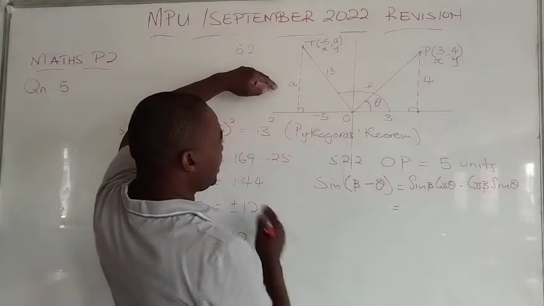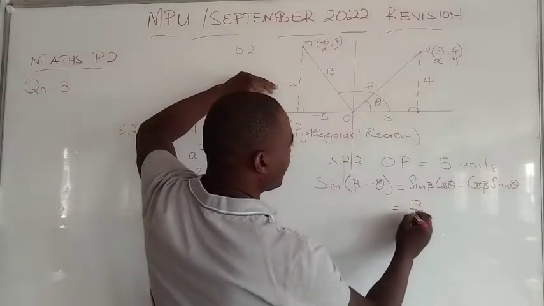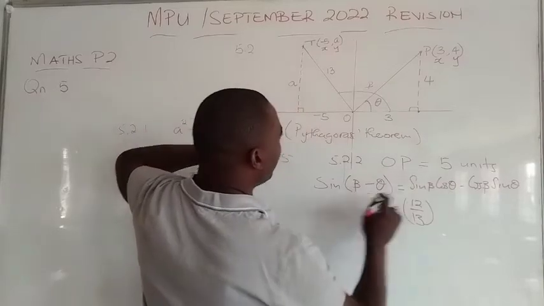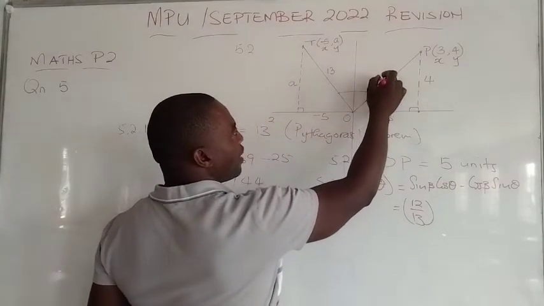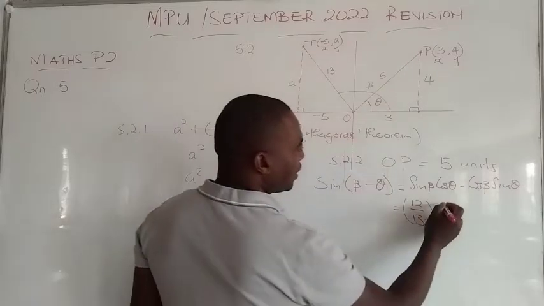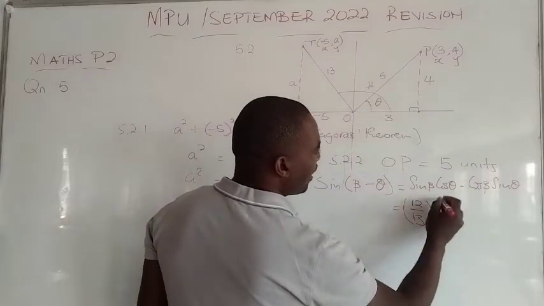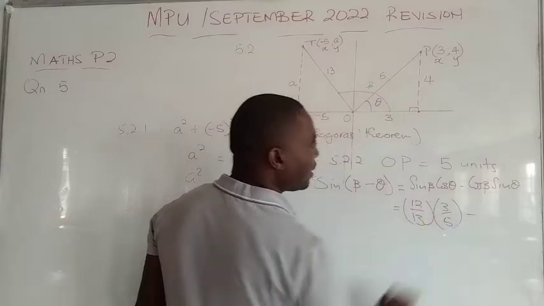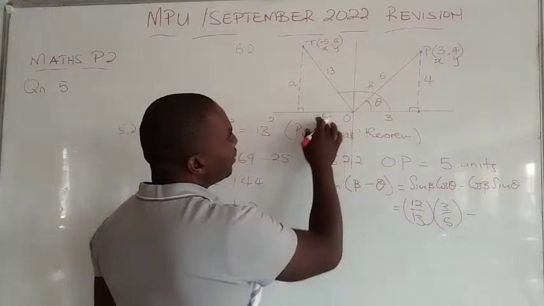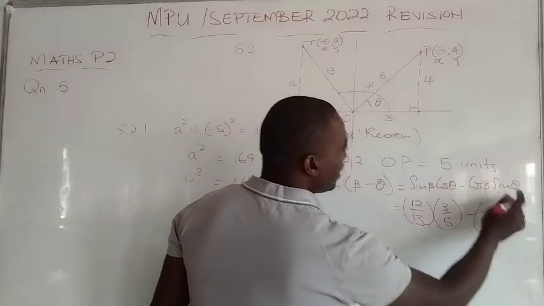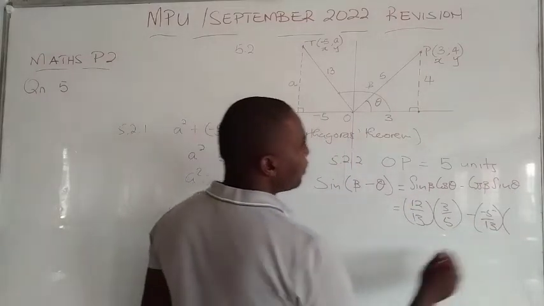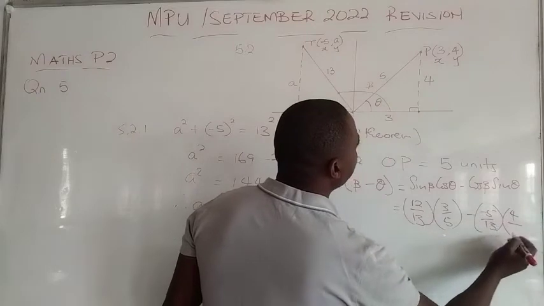And then from our triangles, our sine beta is opposite over hypotenuse. Remember our A is 12, so that is 12 over 13. By cos theta, we come to this one, which is adjacent over hypotenuse, which is 3 over 5. And then minus cos beta, which is negative 5 over 13, times sin theta, which is 4 over 5.